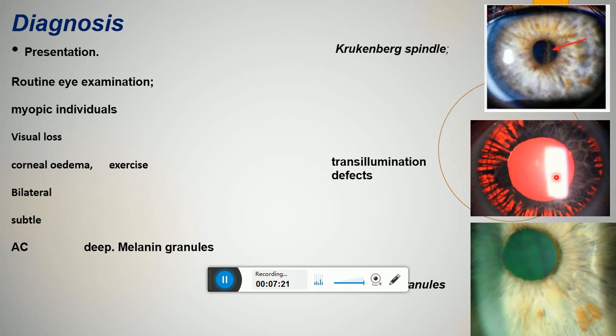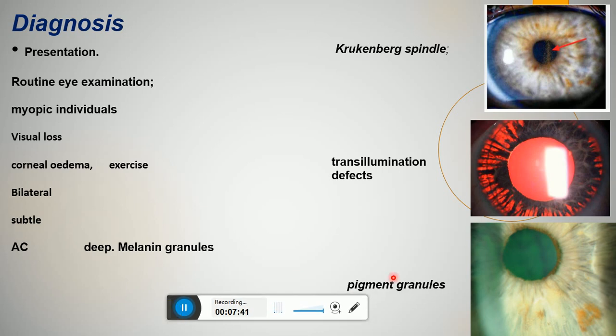Visualization may be aided by asking the patient to look up. Melanin granules may be present on the surface of the iris, usually inferiorly, which becomes less obvious with age. As you can see in these pictures, there may be partial loss of the pupillary ruff.